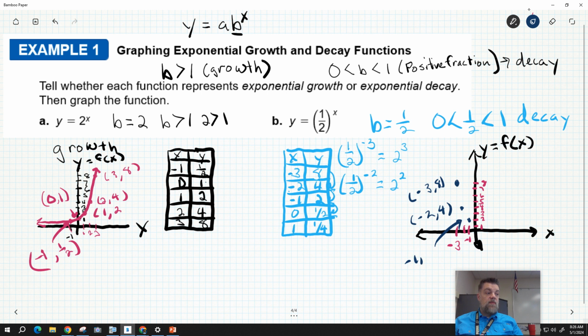Then 0 is at 1, so that's right here somewhere. And then 1 is at 1/2, which is like right here. So we have 2 that you can't really see, but this is 0, 1. And then way down here we've got 1, 1/2.